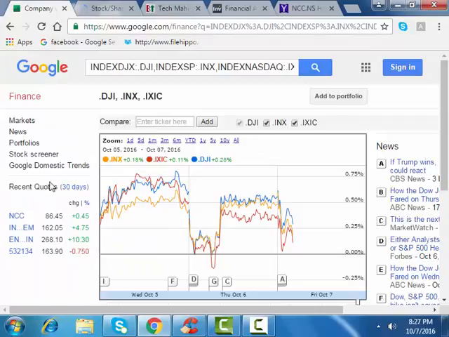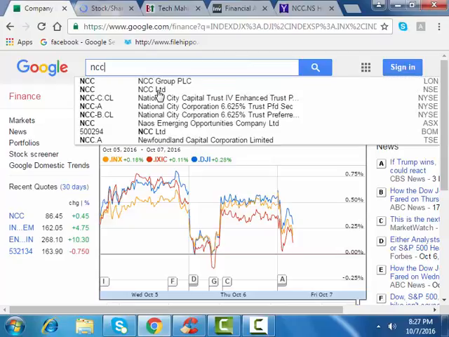Next, Google Finance. On this website you can see trend charts of any particular stock. Press any stock like NCC. I'm taking NCC Limited, Nagarjuna Construction Company.